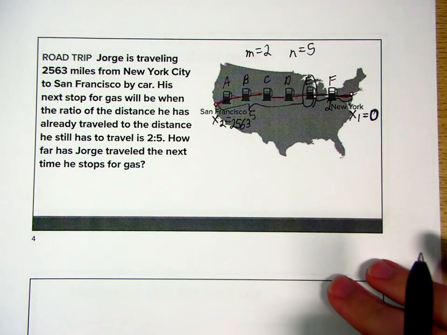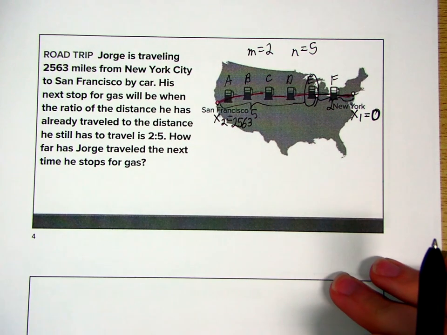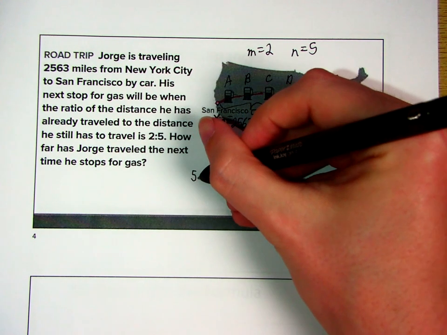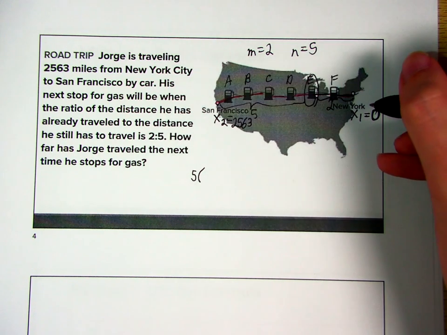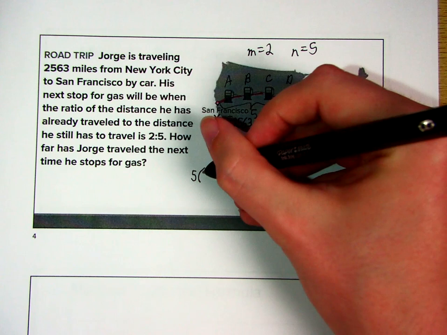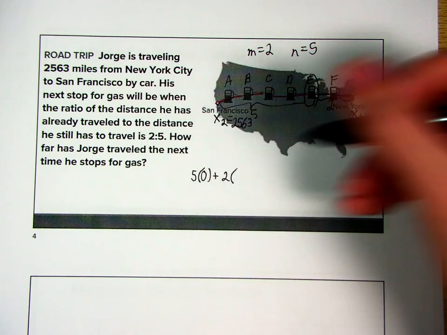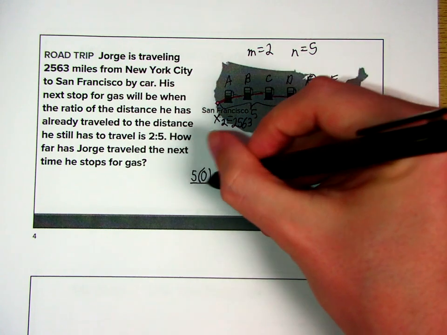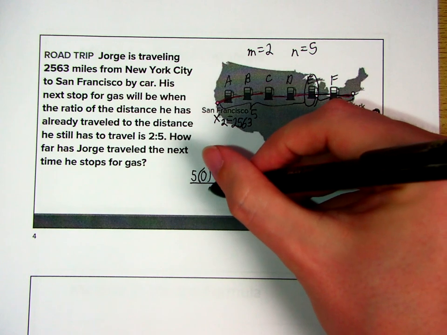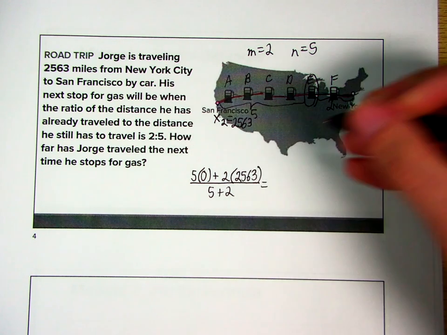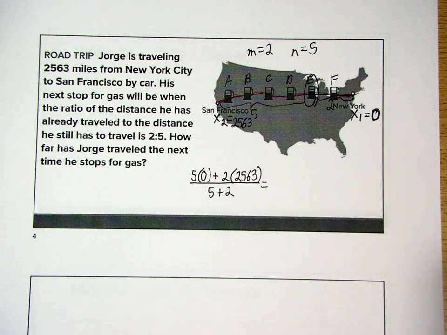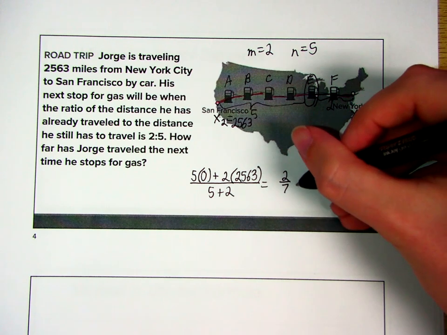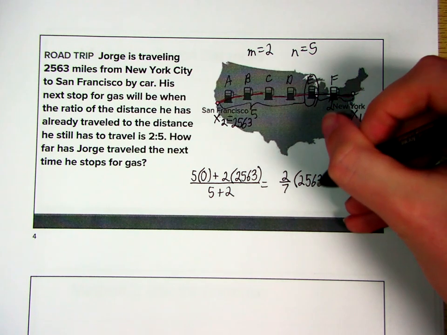We can just plug those into our formula. 5 times our starting point of 0 plus 2 times our ending location, divided by 5 plus 2, or 2 plus 5, or 7. Well, this simplifies a fair amount. It really just looks like 2 over 7 times 2,563.